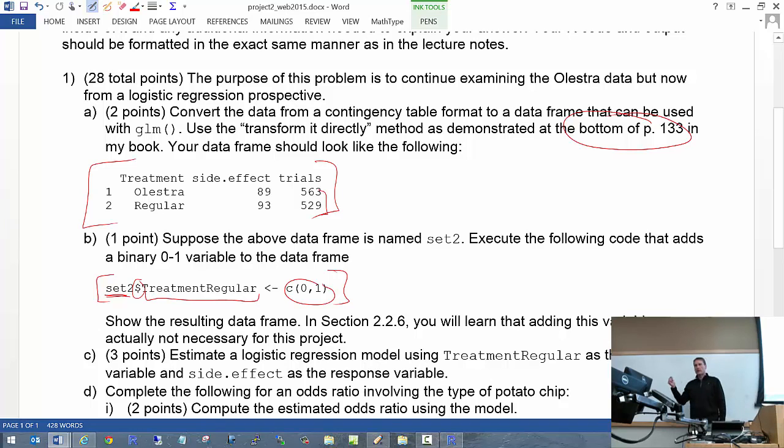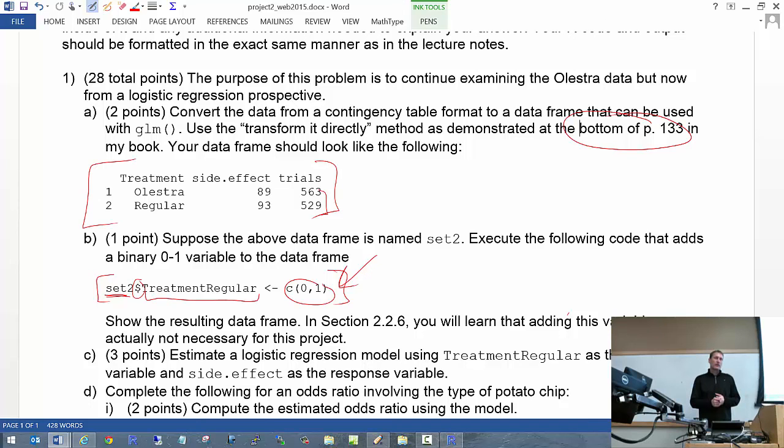What that's going to do is give us a numerical way to denote our explanatory variable, which is what type of potato chip was eaten, the Olestra kind or the regular kind. So essentially, this is like the change variable in the place-kick data set. It's a binary variable, basically representing a categorical explanatory variable.